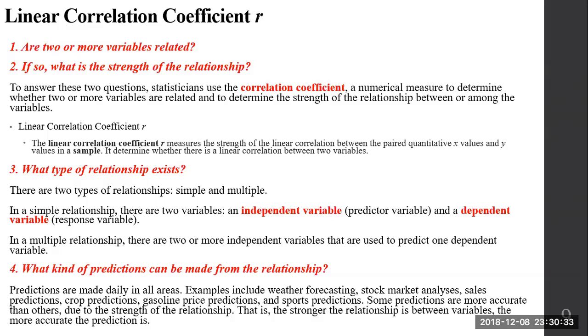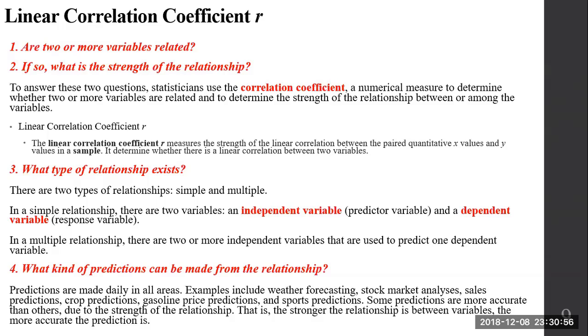The linear correlation coefficient, denoted r, measures the strength of the linear correlation between the paired quantitative x values and y values in a sample. It determines whether there is a linear correlation between two variables.